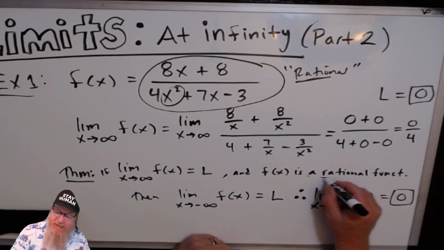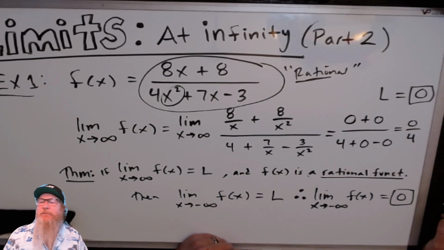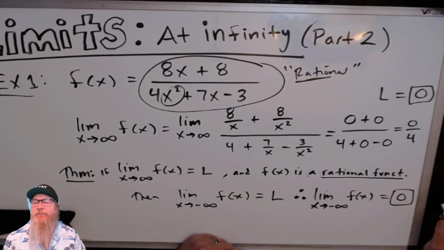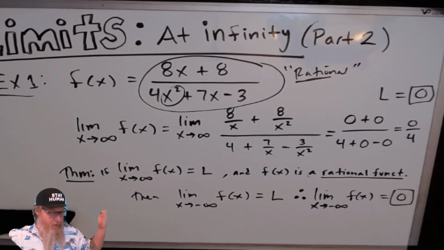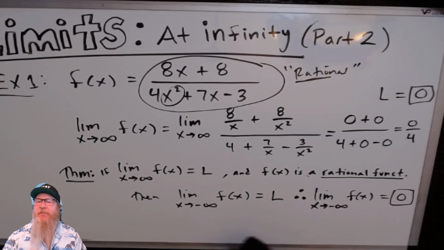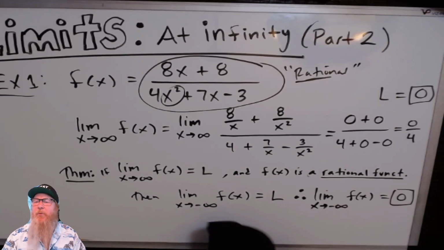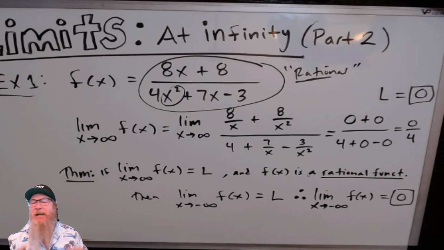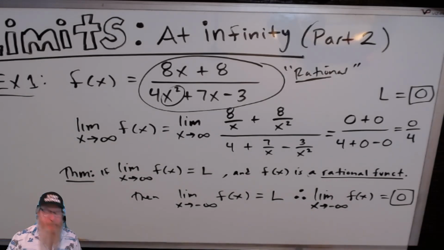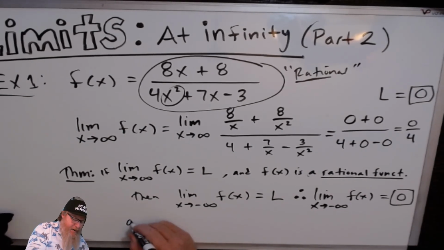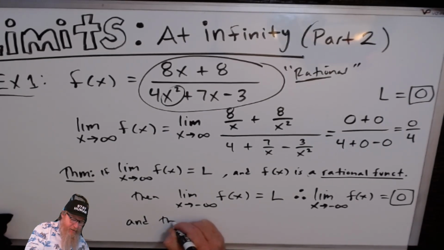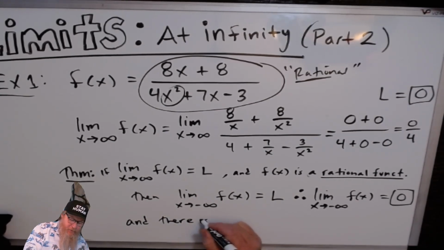All right. So the key is that this is a rational function. All right. So that was just a very quick warm-up example 1 of what we kind of left off doing in the last one. And there is a horizontal asymptote. So this is a continuation of this theorem.